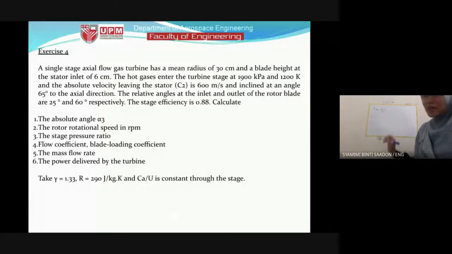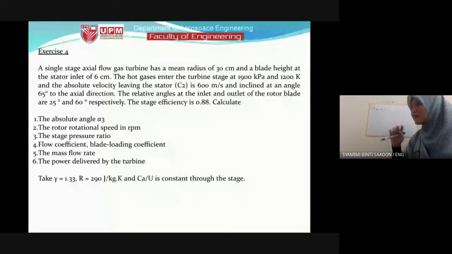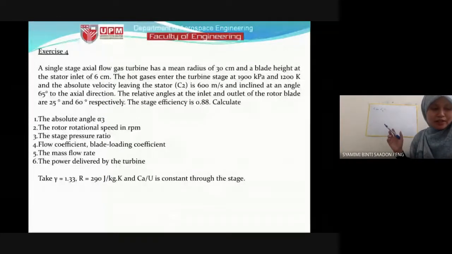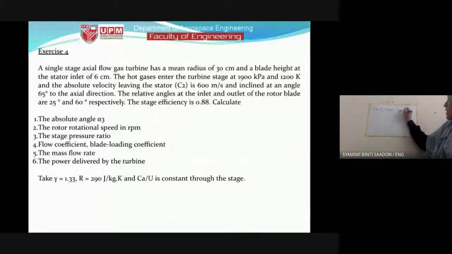If you want to look back at the velocity triangle that we sketched for exercise 3, we can use the same one. So tangent alpha 3 is tangent beta 3 minus tangent alpha 2 plus tangent beta 2.